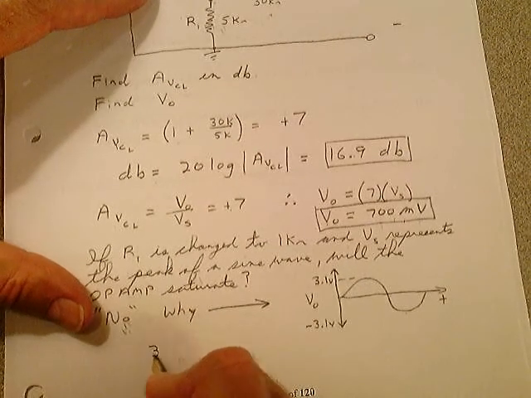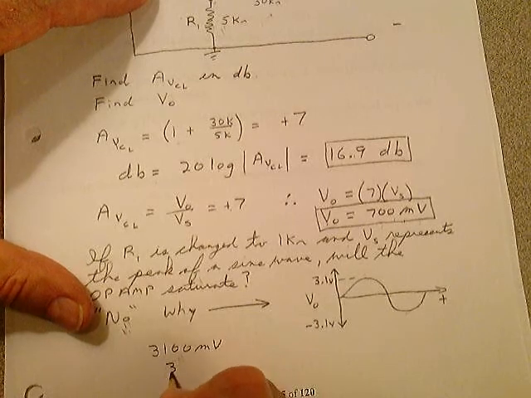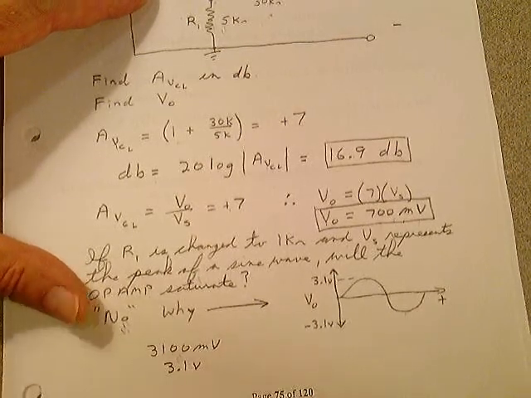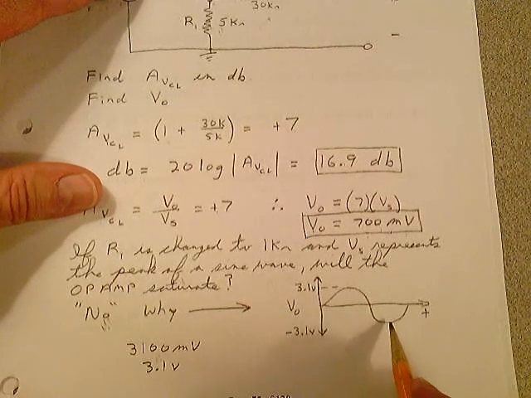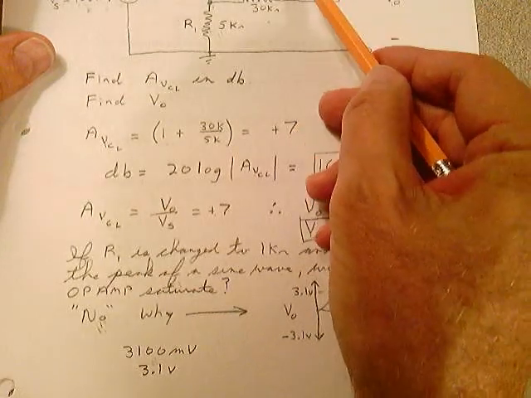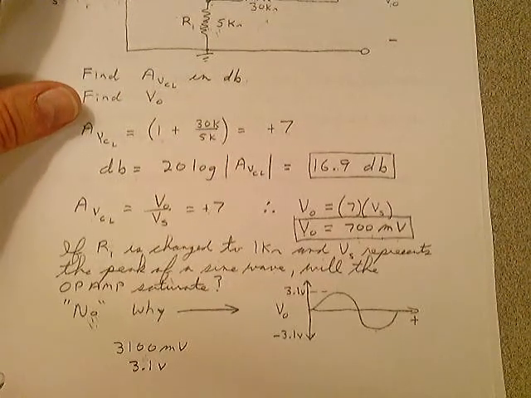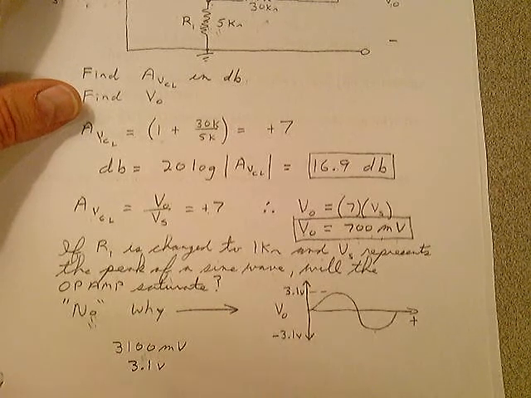Well, we know that's 3.1 volts. So it's going to go to plus 3.1 volts, and it's going to go to minus 3.1 volts. You're nowhere near the rails of plus 10 and minus 10. So it will not saturate.